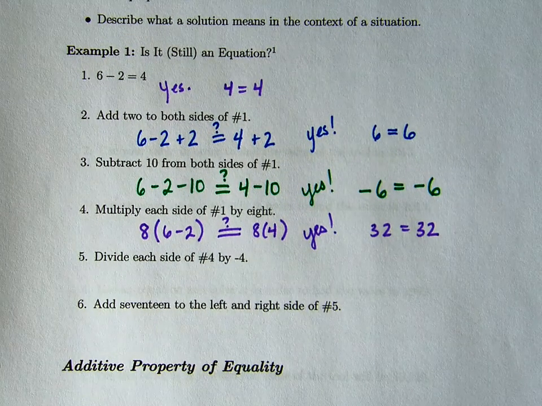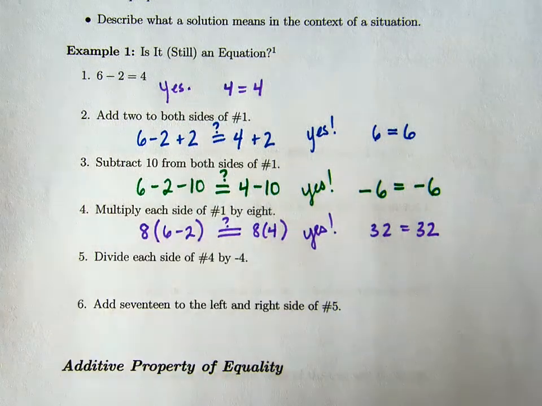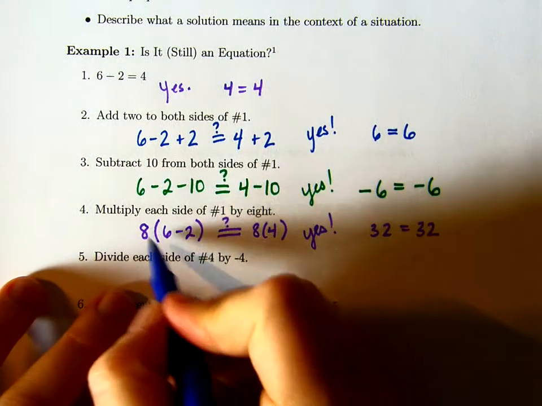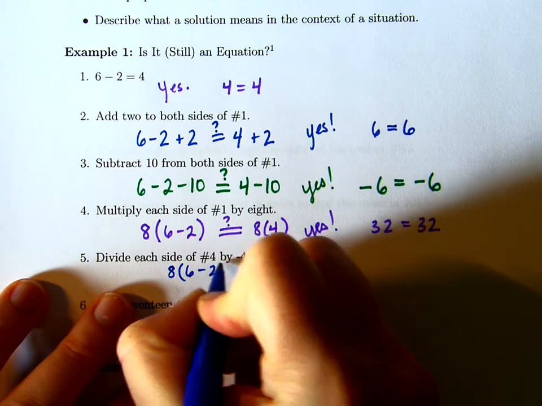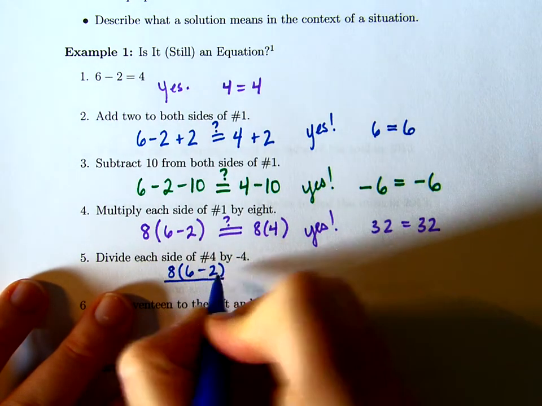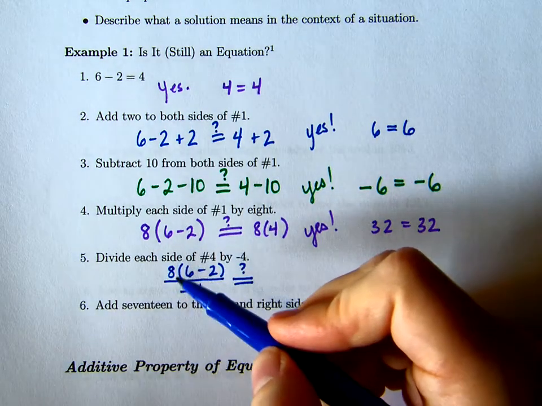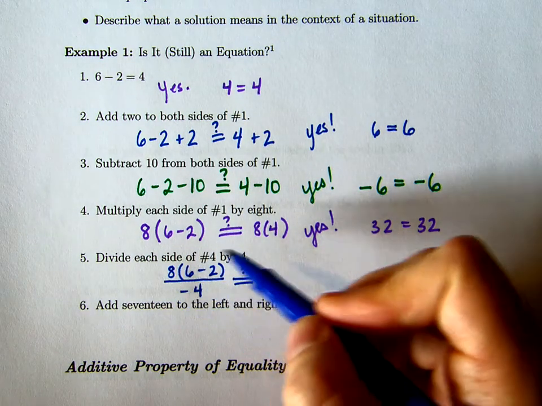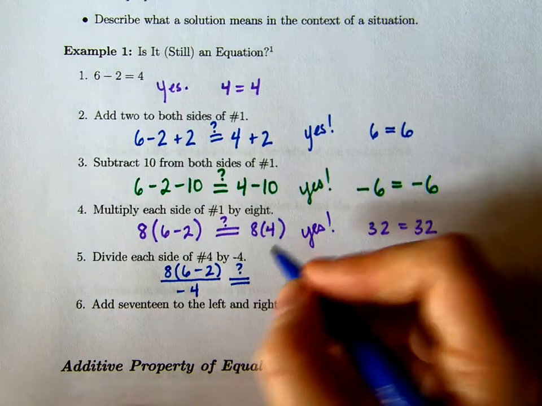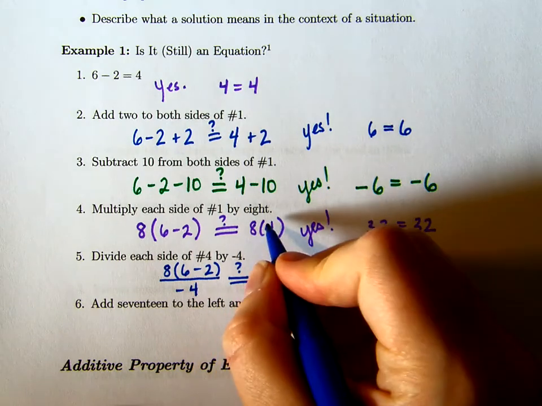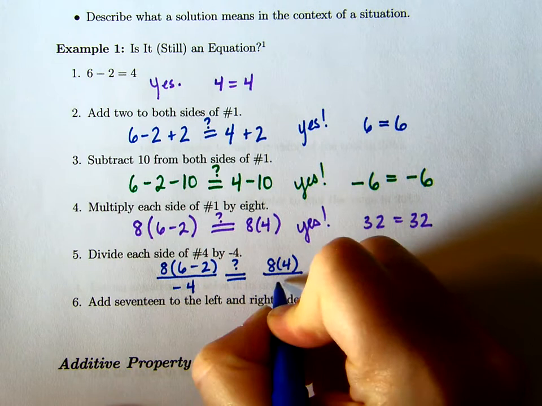Divide each side of number 4 by negative 4. So number 4 looks like this: 8 times the quantity 6 minus 2, all divided by negative 4. We're questioning the equality to 8 times 4 divided by negative 4.